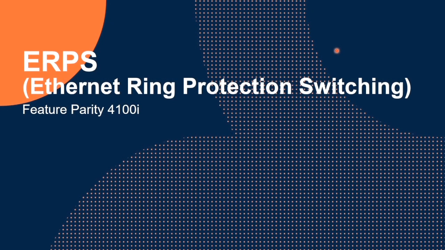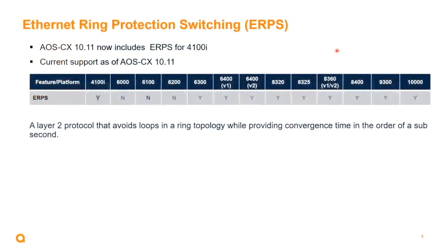So first of all, we're going to be covering Ethernet ring protection switching. Ethernet ring protection switching now includes support on the 4100i, and we can see from the table below the platforms that now support ERPS, including 4100i, are the 6300, 6400, 8320, 8325, 8360, 8400, 9300 and 10,000.